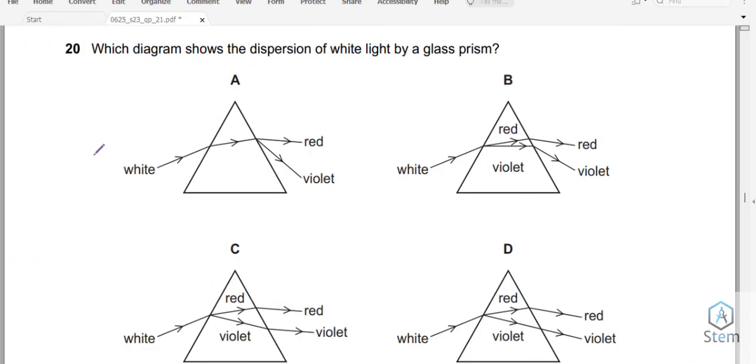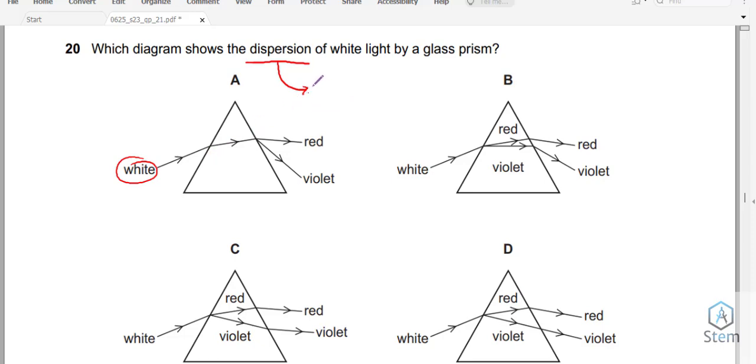Number 20. Which diagram shows the dispersion of white light by a glass prism? Dispersion of white light is basically the separation of different wavelengths of light when the white light moves from material of one optical density to material of another optical density.